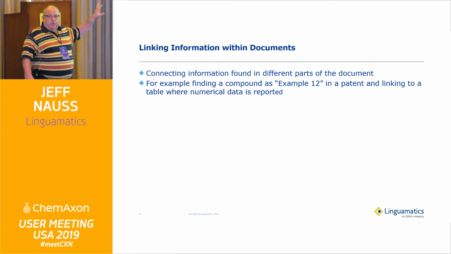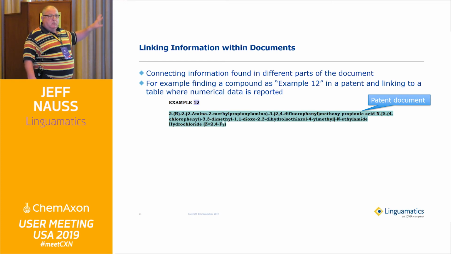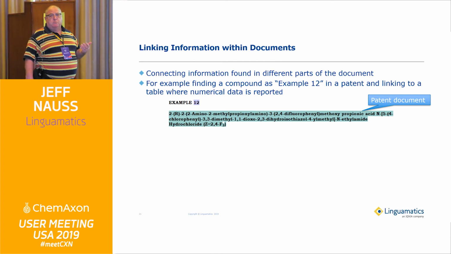So what we were able to do is to go through the patents, find the exemplified compounds. Notice the IUPAC name there, which is probably not a name in any of the chemical ontologies. We got to use the ChemAxon name to structure tool to help us identify those chemical structures, plus give us the SMILES string that we can then use to go through a substructure similarity search.